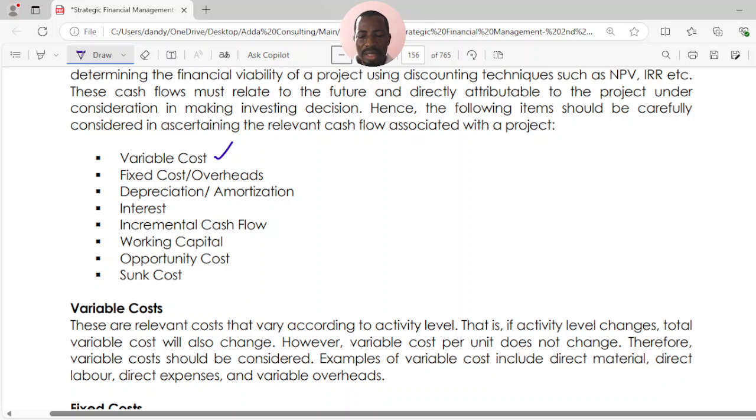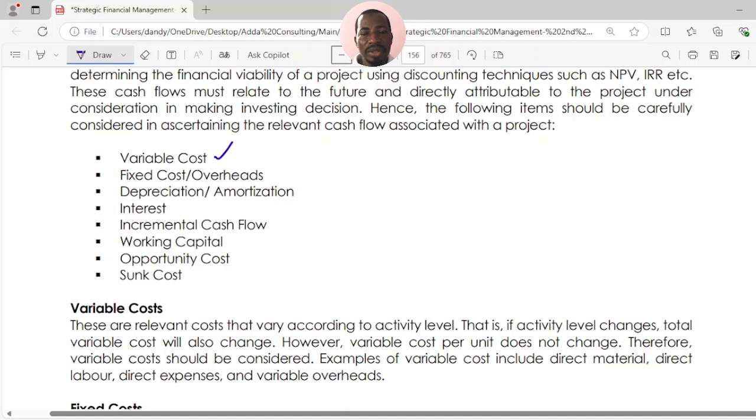That is, if the activity level changes, any increase or decrease in activity level will also affect the variable cost. For example, if your output, if your volume or units produced increase, then variable cost will increase. If the output decreases, then of course variable cost will also decrease. So which means that it varies based on activity level.